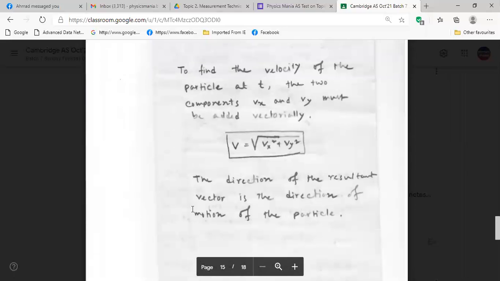Find the velocity of the particle at time t. The two components vx and vy must be added vectorially. v equals square root of vx square plus vy square. This one you know, right?